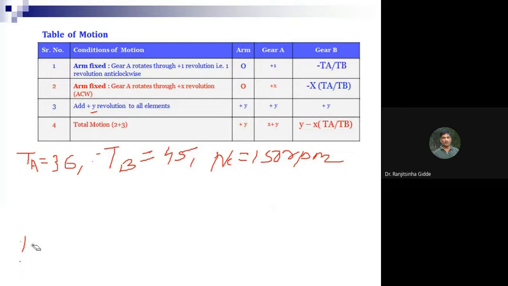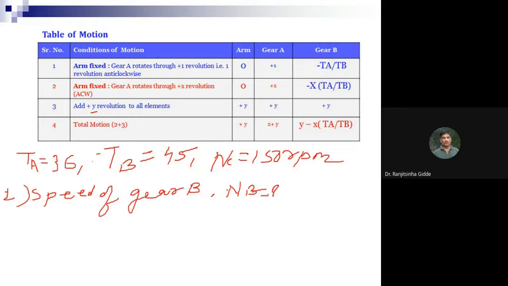Based on this, I will repeat this step. This is given. So first here we are going to write how we are solving. Number 1, speed of gear B. So NB, that we need to find out.